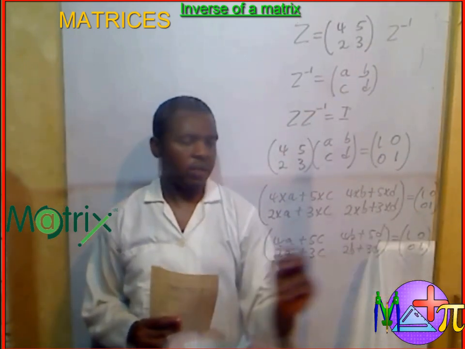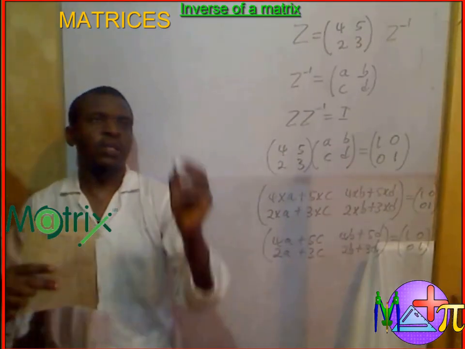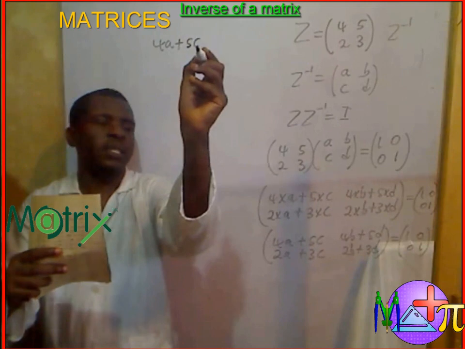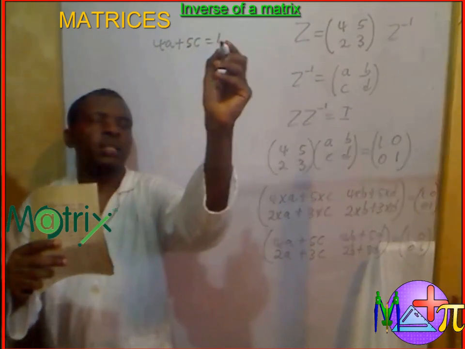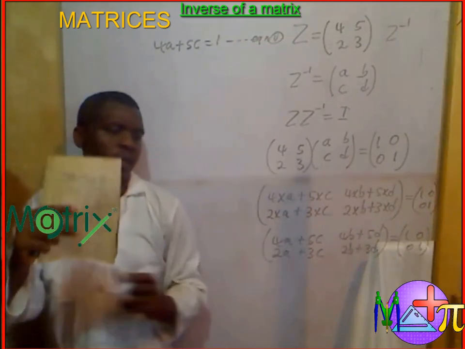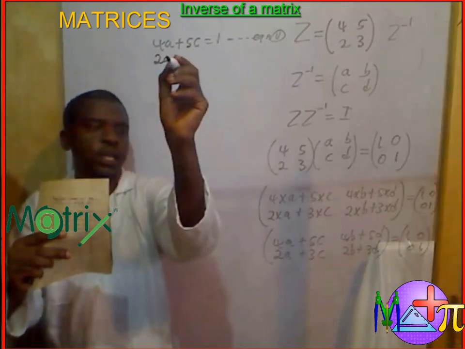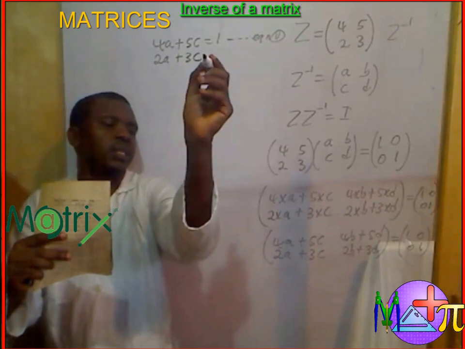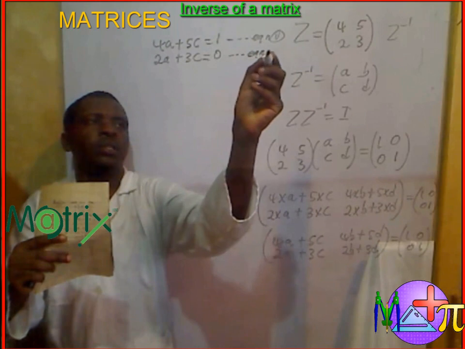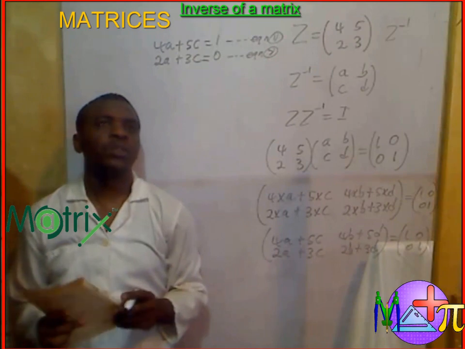Let's establish our simultaneous equations from these two matrices. So here I'll see that I have 4A plus 5C is equal to 1. Call that equation 1. Let's establish the other equation. 2A plus 3C is equal to 0. Call that equation 2. Let's solve 1 and 2 simultaneously.